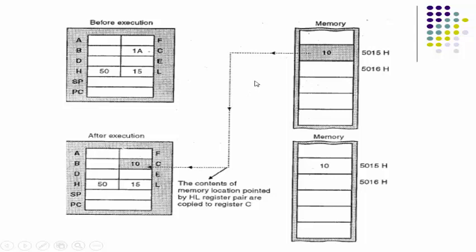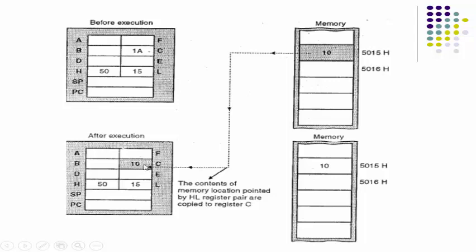Then after the execution of the move instruction, the data pointed to by HL, that is 10 hex, gets copied into the C register; the 1A hex gets overwritten with 10 hex.